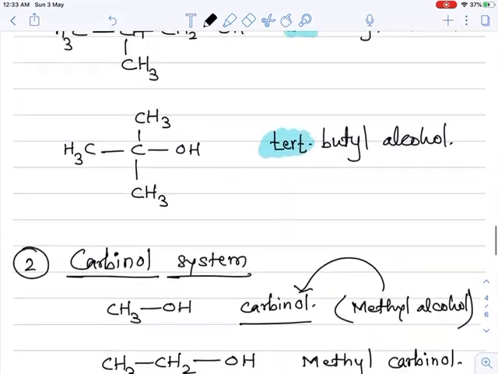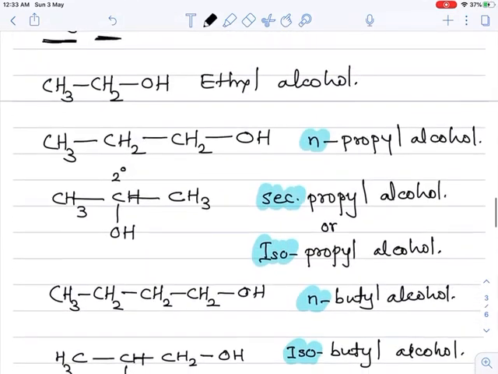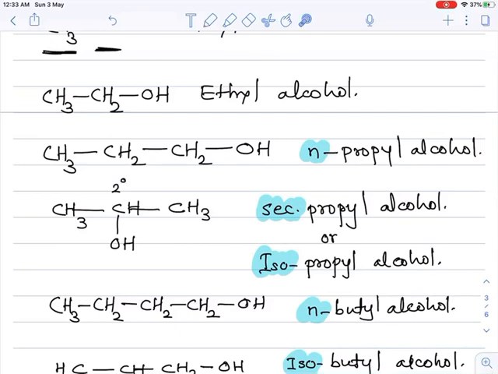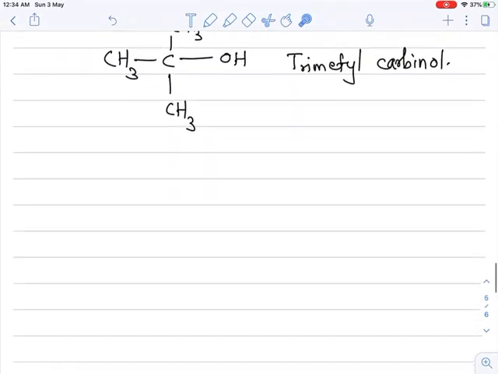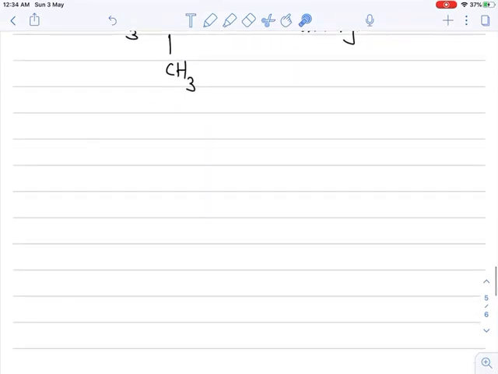If we take one more example, what is the carbinol name of this alcohol according to the carbinol system? This is carbinol, and I will write it here. So this is isopropyl alcohol. One more example, CH3CHOHCH3.